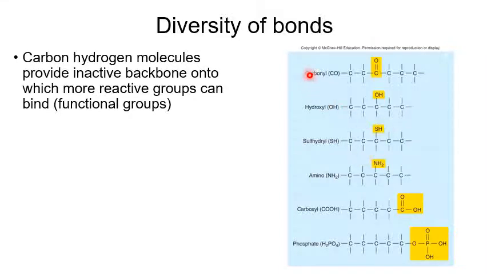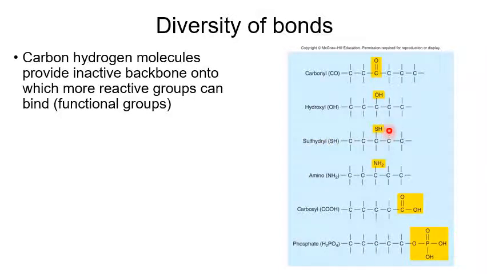A carbonyl group has carbon with a double bond to oxygen. A hydroxyl group is OH, carbon bound to OH. This is the functional group. Carbonyl group, hydroxyl group, the OH. Some of you, this is found in a common molecule you might drink. Those of you that are over 21, this is what makes a molecule an alcohol.